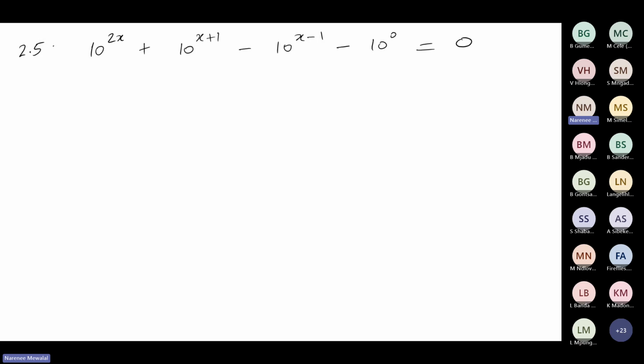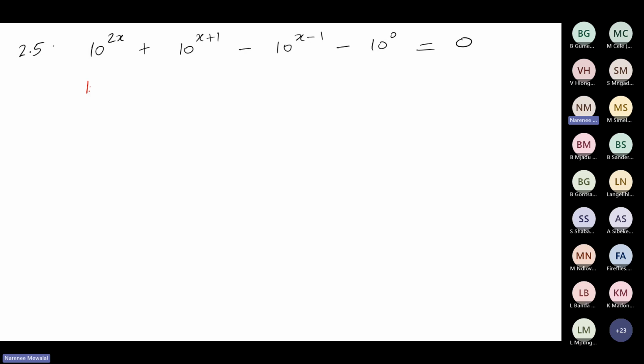Okay, moving on, you've got 10 to the power 2x plus 10 to the power x plus 1 minus 10 to the power x minus 1 minus 10 to the power 0 is equal to 0. So let's simplify all of this here. All of them are base 10.